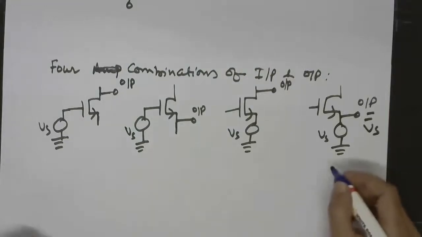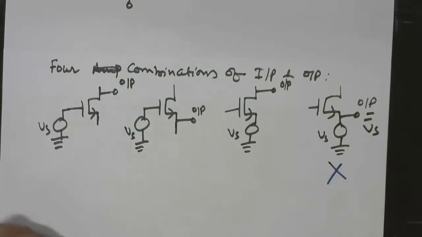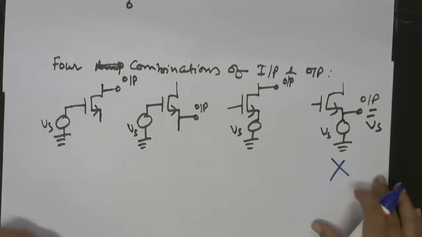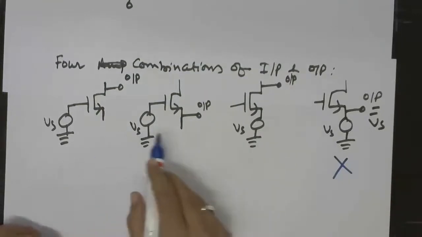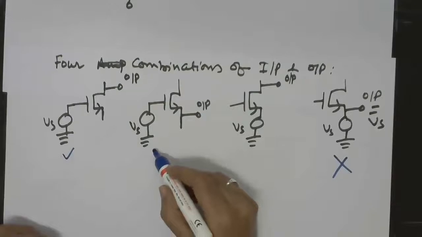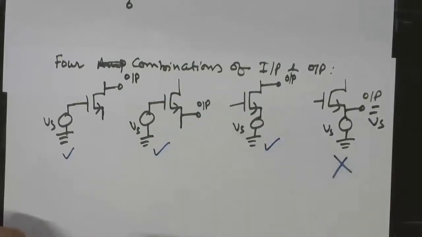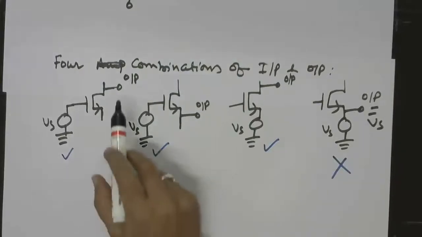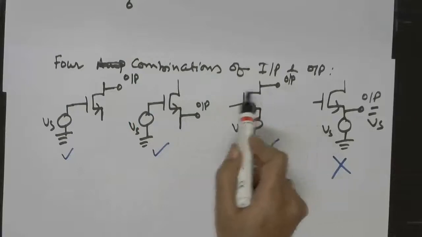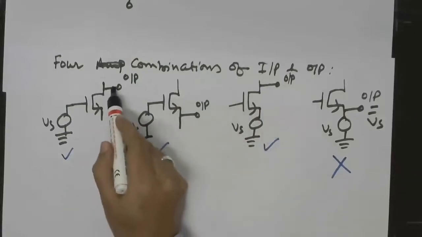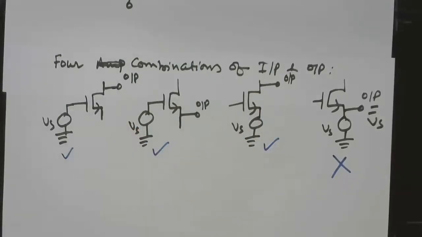That is why this configuration is never used. It is useless. However, all these three possibilities are okay. They can be used, but of course they all will have their own advantages and disadvantages in terms of what voltage you can get at these three outputs, and what current or maybe what power also.